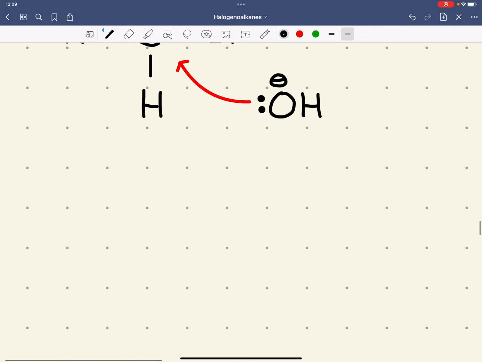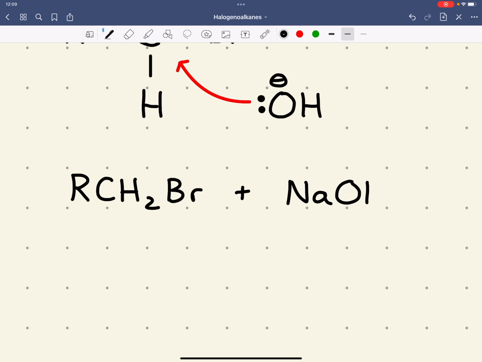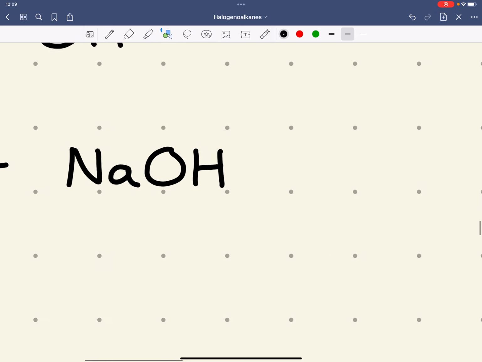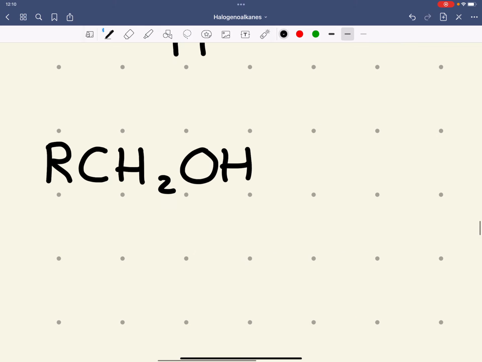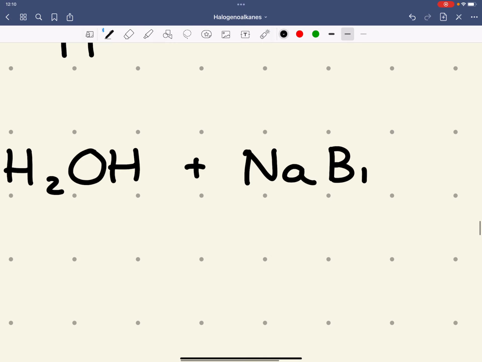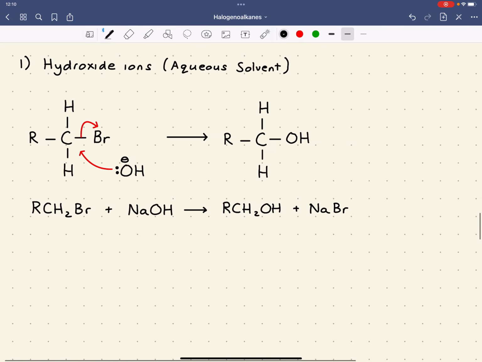So if we were to write an equation for this, and again, you would never ever include the sodium in the mechanism, then we would have the bromide ion, which just tags on with the sodium and forms sodium bromide.